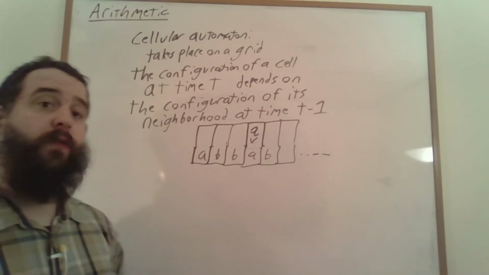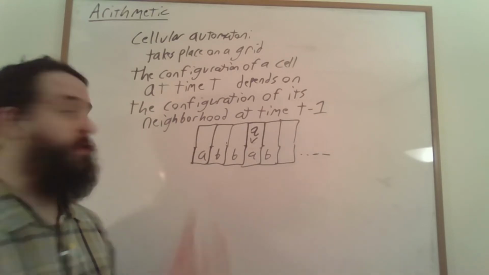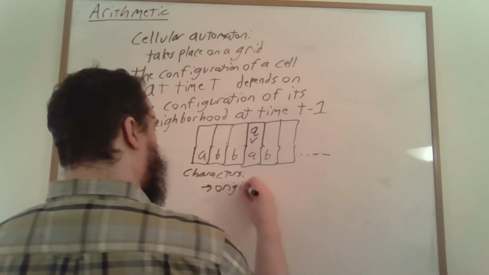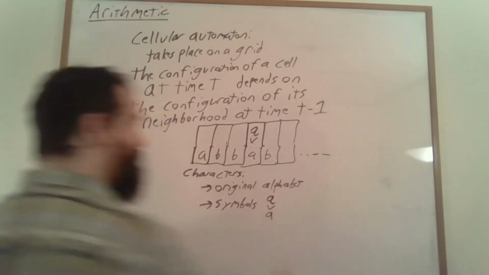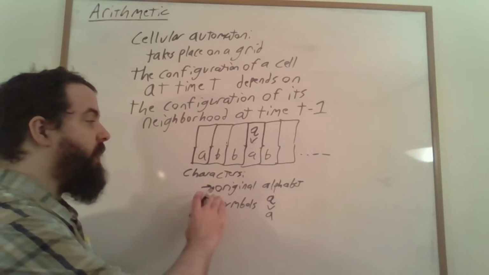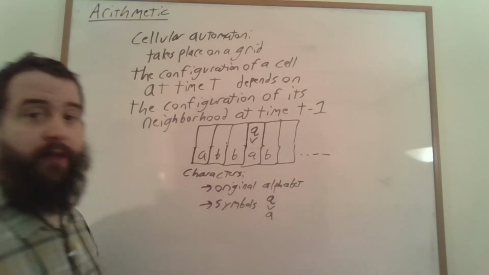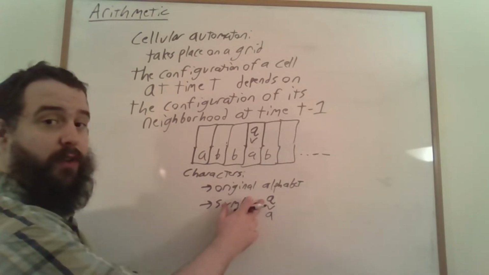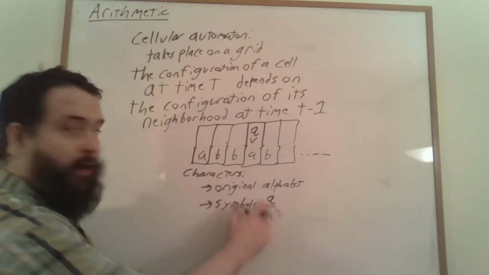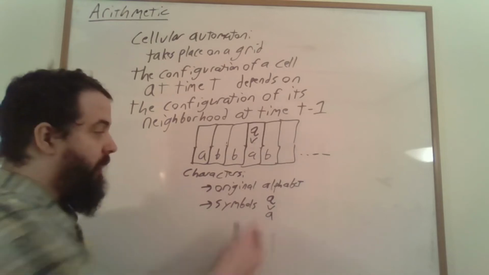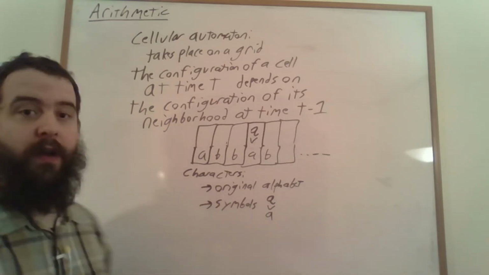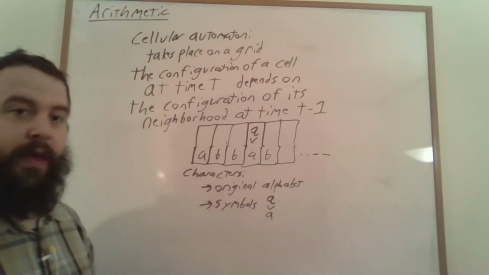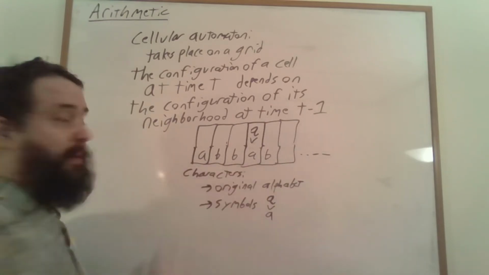In other words, we will modify the set of characters that can appear in each cell so that it is the set containing all of the original characters of the alphabet, and then all symbols of the form some state of the Turing machine, and then a little arrow symbol to indicate that the head is there, and then some character of the original alphabet.